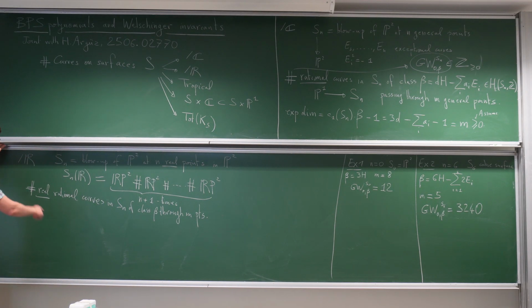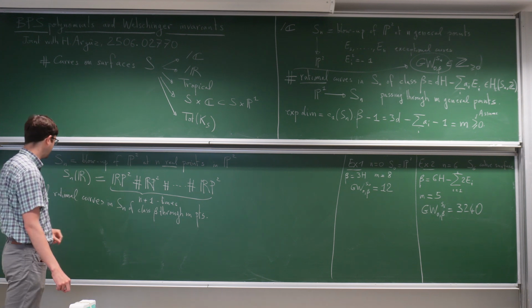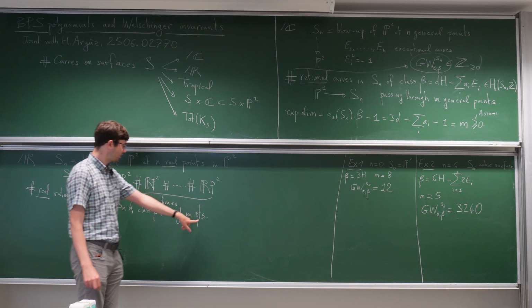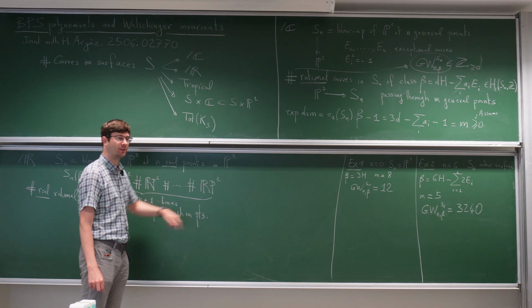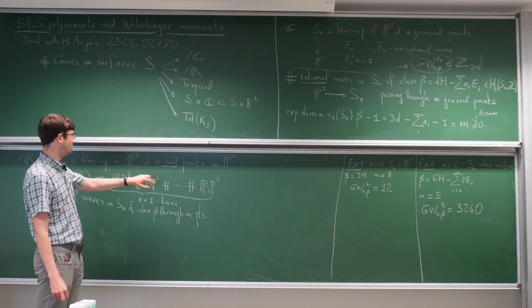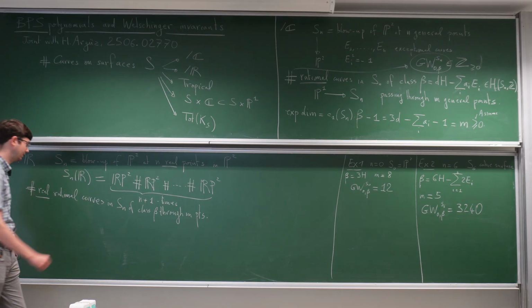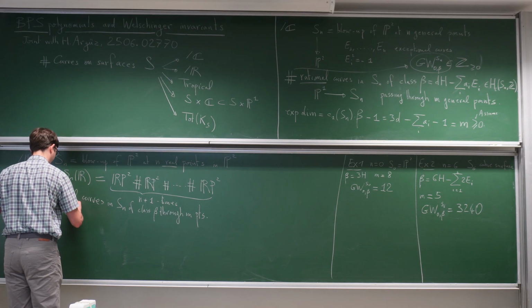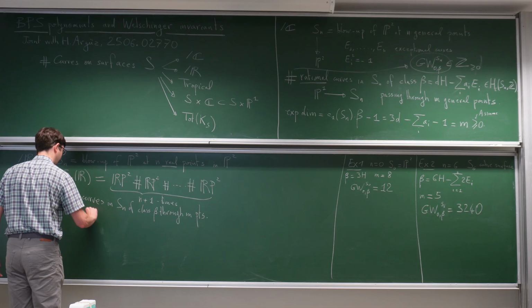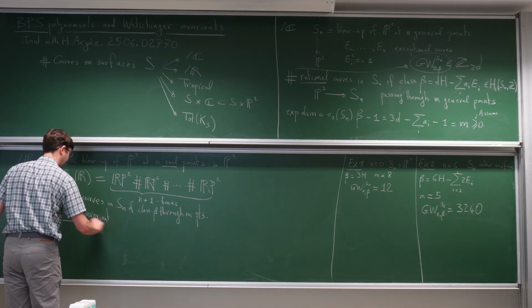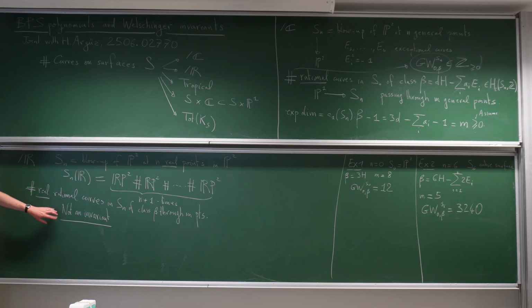The basic issue, if you try to answer this question, is that the answer is not an invariant, in the sense that it might depend on which configuration of points you pass through, and also on which configuration of points you blow up to construct your surface. It's a basic issue if you try to do real enumerative geometry.